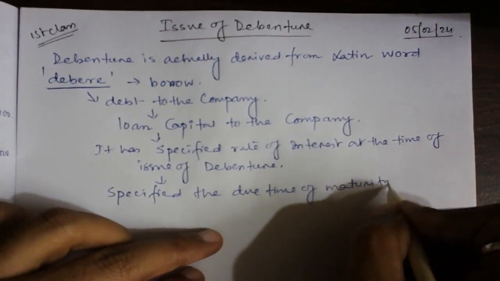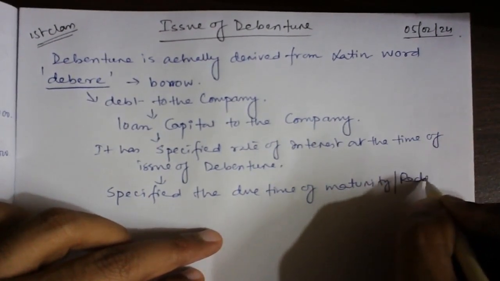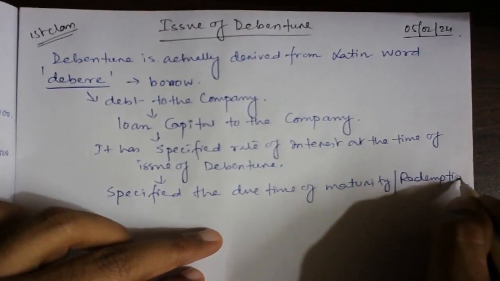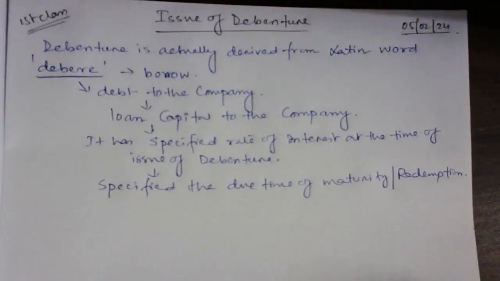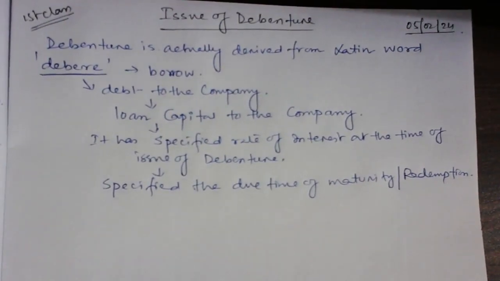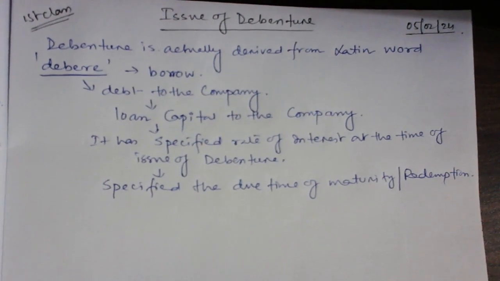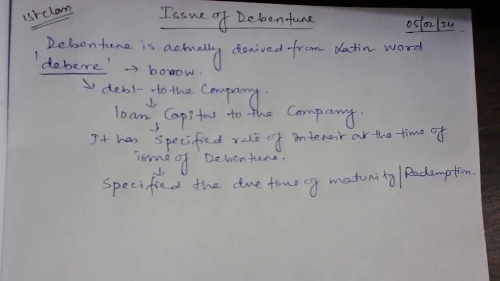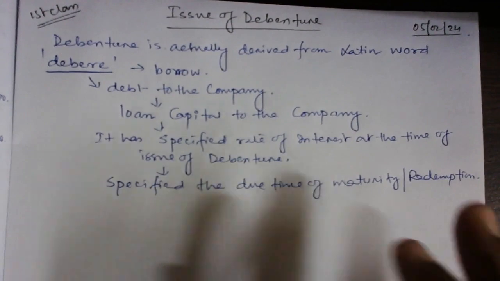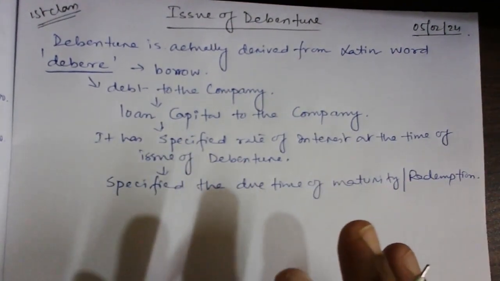It is actually known as redemption. You have to also mention the time when you are going to redeem the debenture of the company. That's a specific thing that you also have to mention there. Okay, the specified time for the redemption of the debenture. That's clear? So this is what the debenture is.